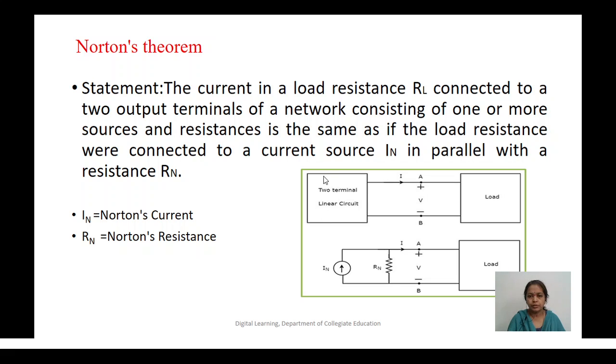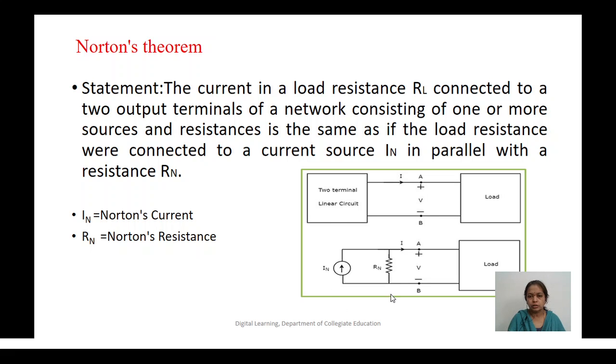So suppose we have a two-terminal circuit here. A complex circuit is there which is connected to the load. Then this two-terminal linear circuit can be replaced by a single current source of current value IN and a resistance RN connected in parallel with the source.